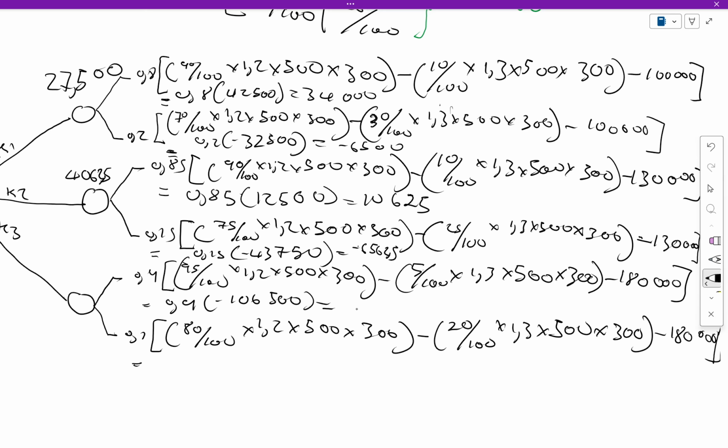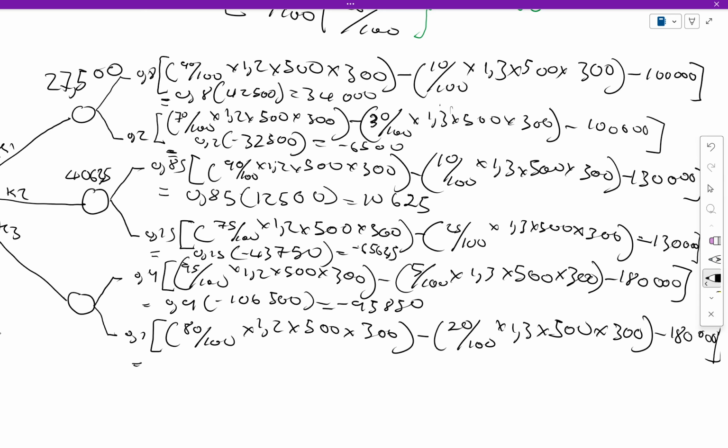Equals, multiply by 0.19, I mean, wait, oh, 95, 95. Okay, makes sense. 0.9, okay, which becomes negative 95,850. You come below, open bracket 0.8 multiplied by 1.2, 100, 500, close bracket minus 0.2, we say 0.8, yes.